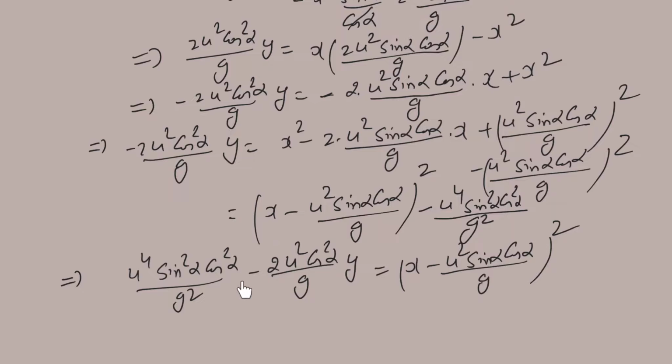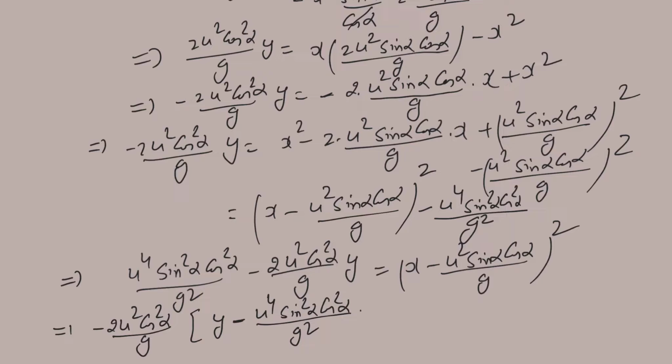Now making this y as plus and its coefficient as a unity, I am going to take this out as a common, so this will be common, implies minus 2u square cos square alpha by g, so here will be y minus u4 sin square alpha cos square alpha by g square dot g by 2u square cos square alpha is equal to x minus u square sin alpha cos alpha by g whole square.